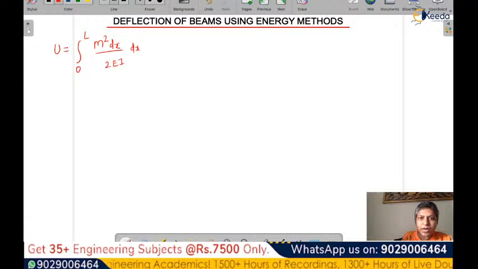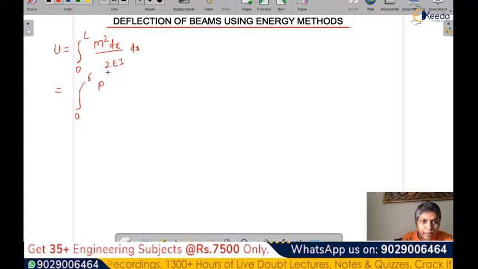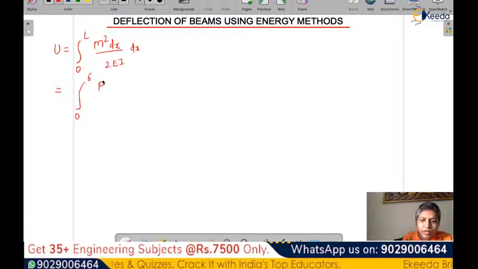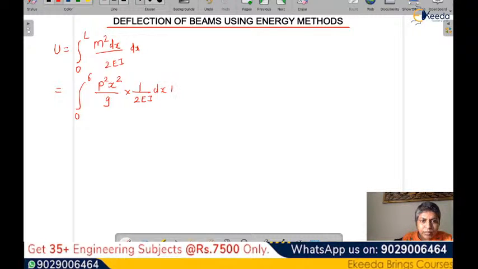Now there are two parts over here. For the two members, the first part is of 6 meters, so 0 to 6, m square is P square x square by 9 into 1 by 2EI dx, plus 0 to 2 P square x square by 2EI dx, the other part of the member.